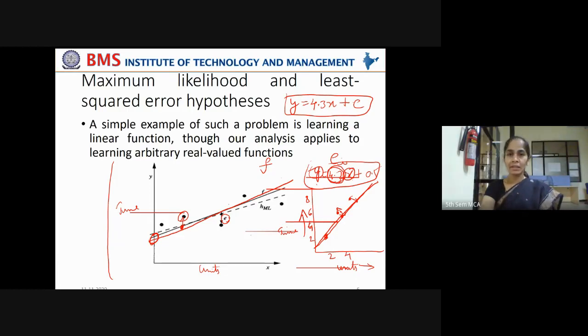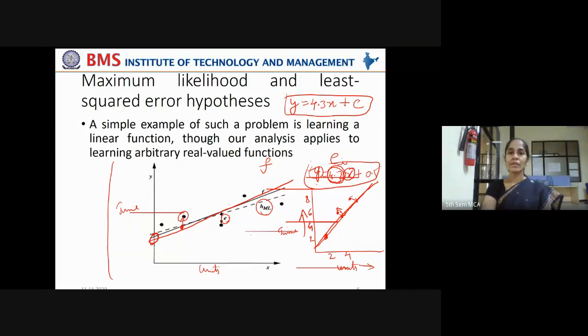But rather than this F, there is another dotted line that is identified to be the best fit to these data points. In that case, this dotted line is the maximum likelihood hypothesis. We call it the maximum likelihood hypothesis, which better explains the data points' behavior than this solid line F.